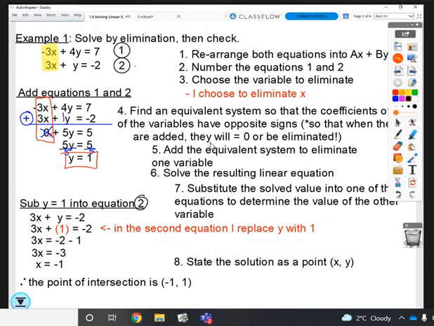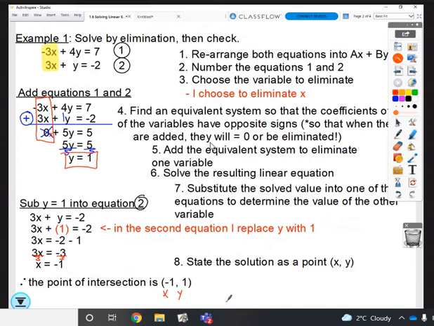As we always do, bring the 1 over, it becomes -1, plus the like terms over there, divide each side by 3, and x equals -1. So the point of intersection is x first, -1, then y, +1.